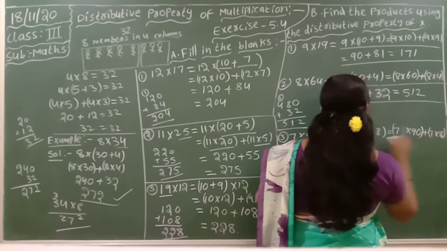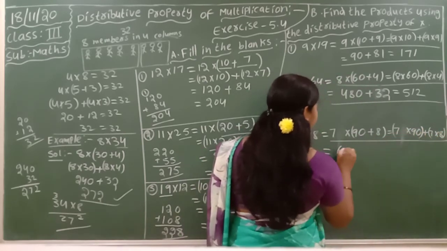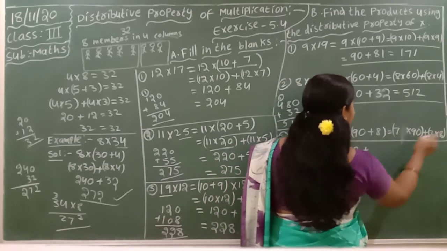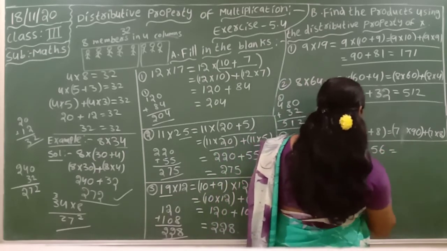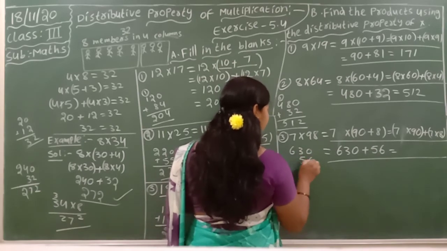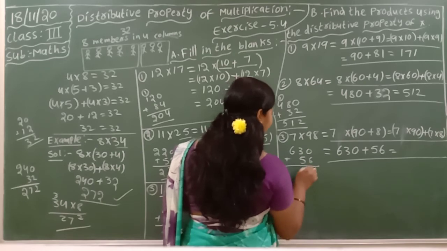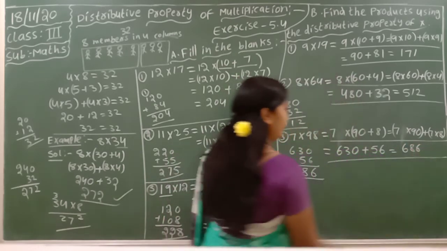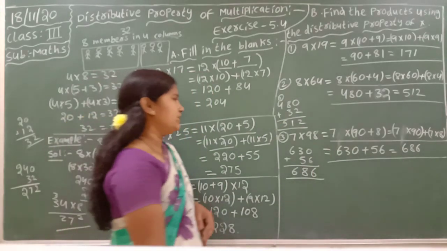You have to multiply these two numbers. 7 9s are 63. 7 into 0, 0, plus 7 8s are 56. Now you can add these two numbers and you will get the answer: 630 plus 56. 0 plus 6, 6. 5 plus 3, 8. 6. The answer is 686. Okay.